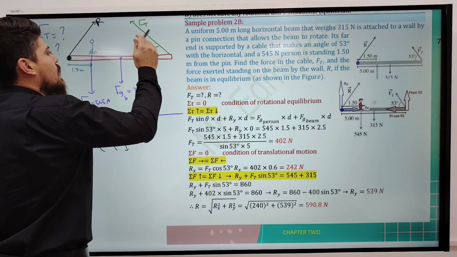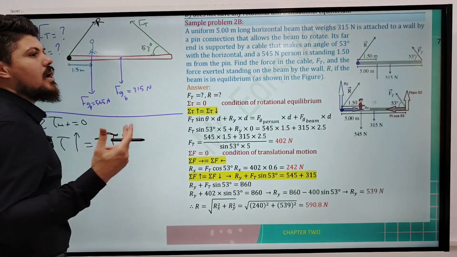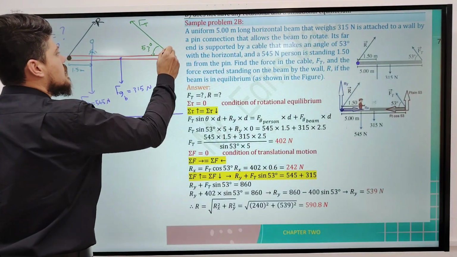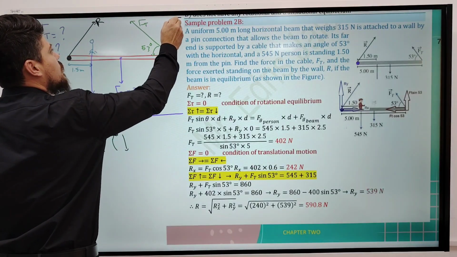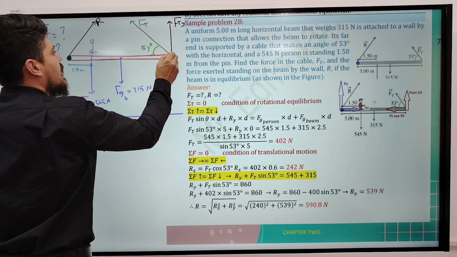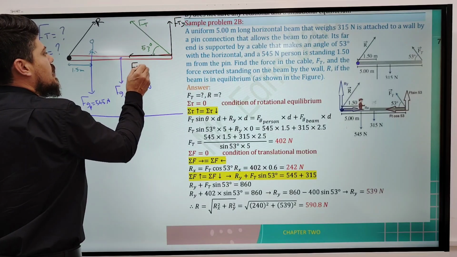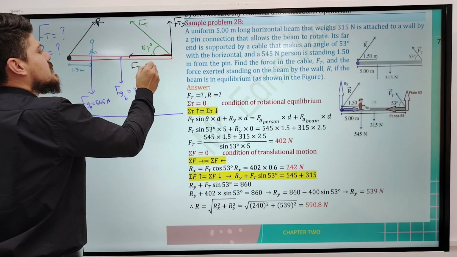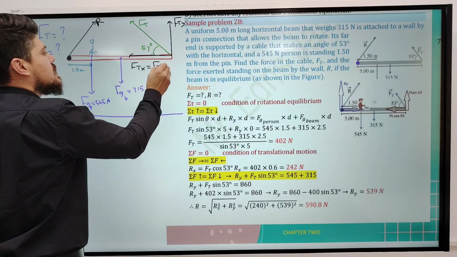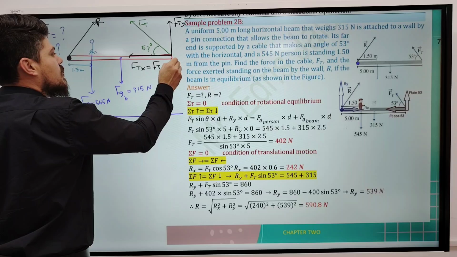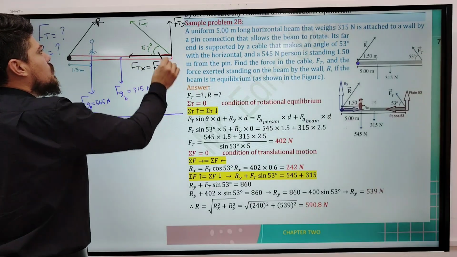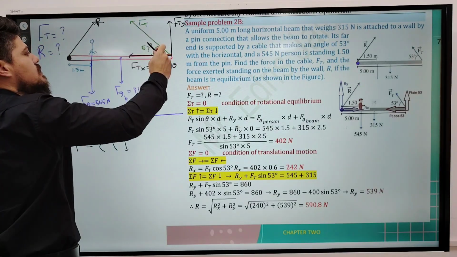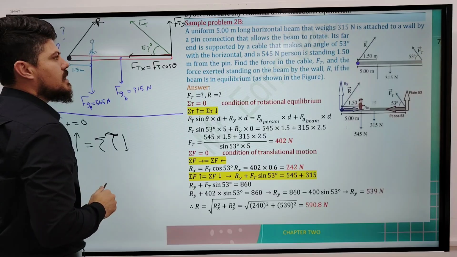So we have to resolve this tension force into how many components? 2 components, Fty and Ftx. Because the angle is with the x-axis, we use cosine with x according to the Pythagorean theorem. Ftx is equal to Ft, the hypotenuse, times cosine theta.